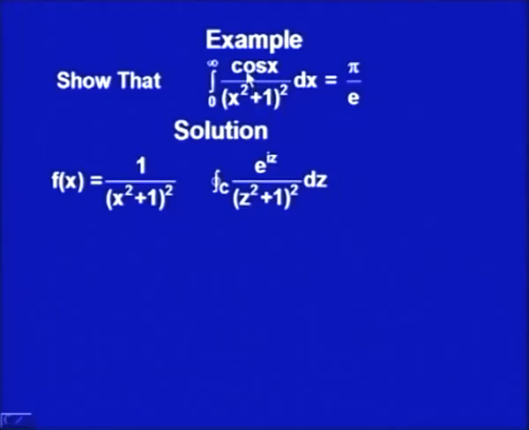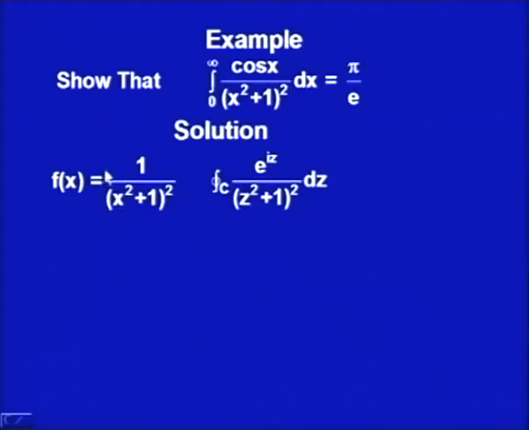That says now we could use the condition that the integral 0 to infinity of f x dx, where f x is an even function, would be half of the integral from minus infinity to infinity of f x dx. So, we would be going to use that formula.